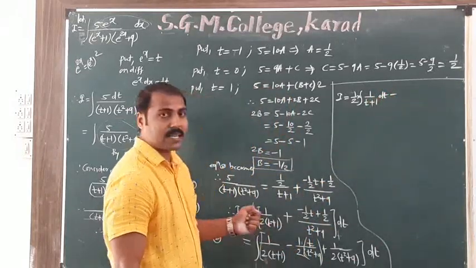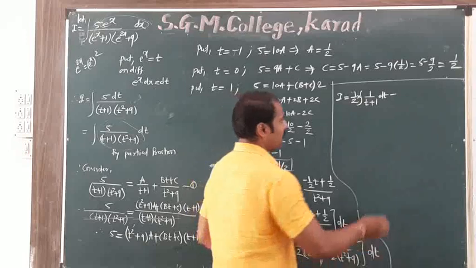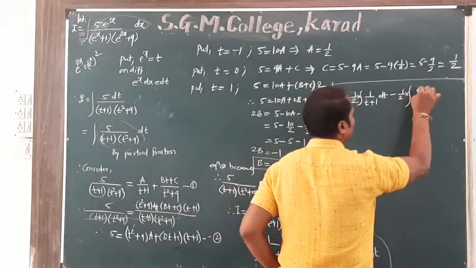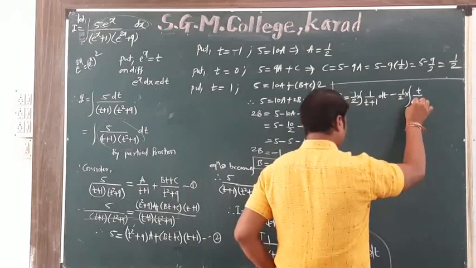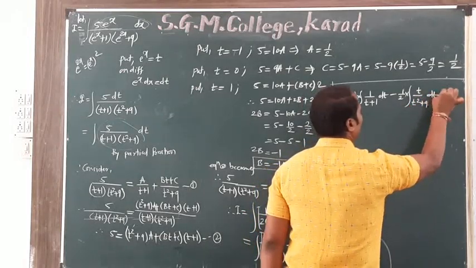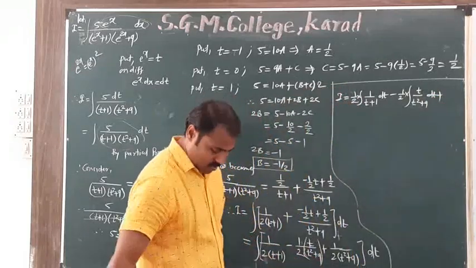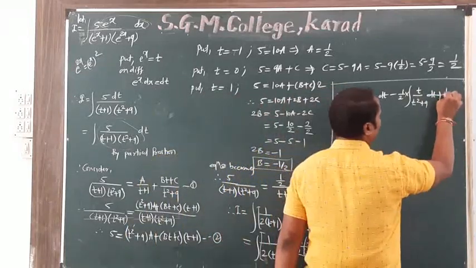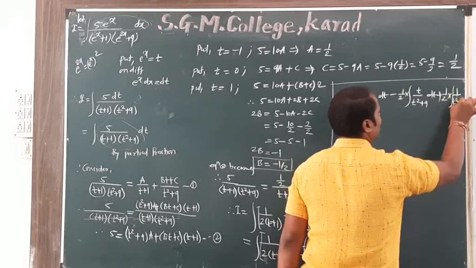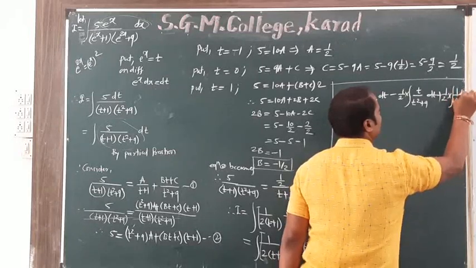Minus 1 upon 2 is again a constant, so take it outside the integration: 1 upon 2 into integration of t divided by t square plus 9 dt, plus 1 upon 2 is a constant, 1 upon 2 into integration of 1 upon t square plus 9 dt.